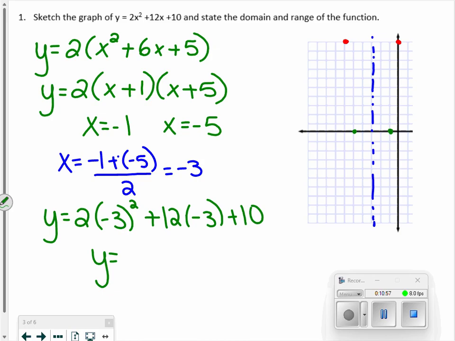You don't need to use this because we have our x value already. We used our x-intercepts to find it. If you need to, yes, you can use it.